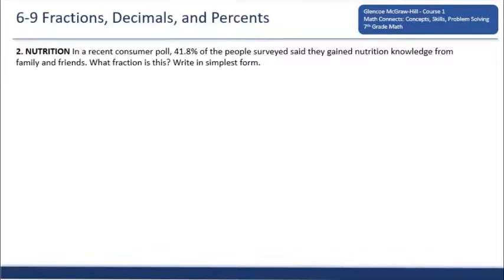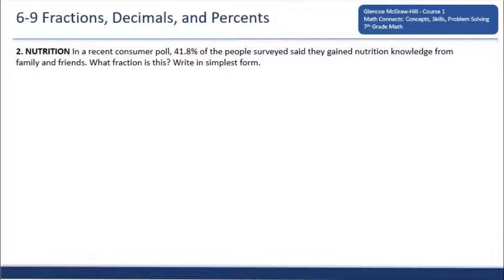Number 2, nutrition. In a recent consumer poll, 41.8% of the people surveyed said they gained nutrition knowledge from family and friends. What fraction is this? Write in simplest form. So the first thing we have to do is make that a fraction. 41.8. If you remember earlier this year and last year, we talked about how we can say that in words.